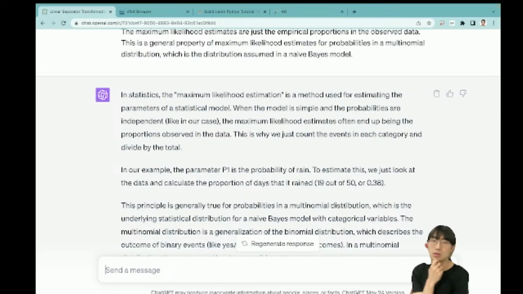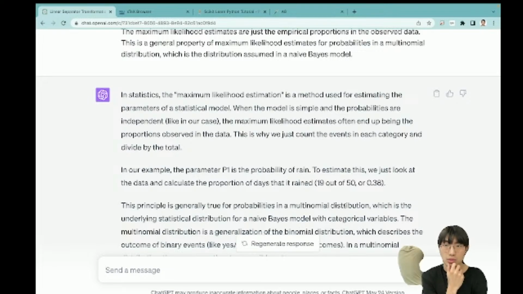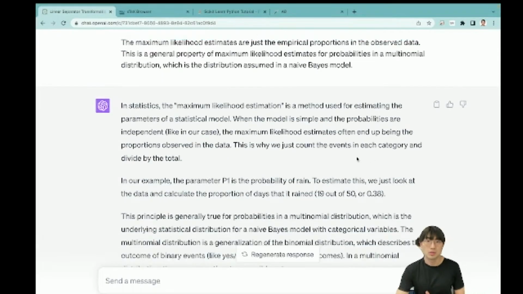Estimating the parameters. So the conclusion is like this. We should read this one. The conclusion is the maximum likelihood estimates often end up being the proportions observed in the data.